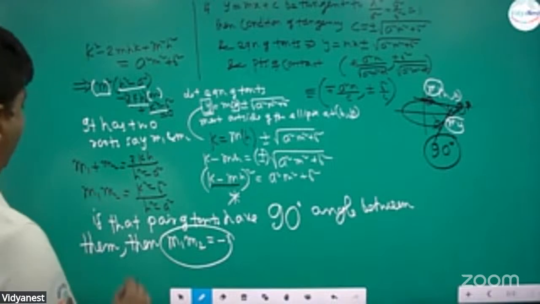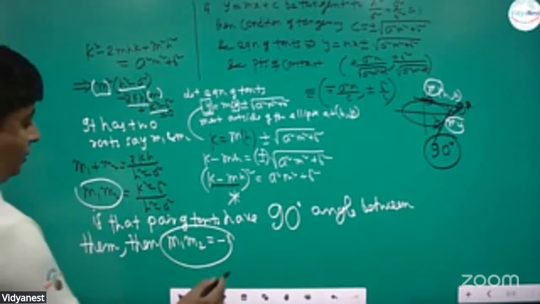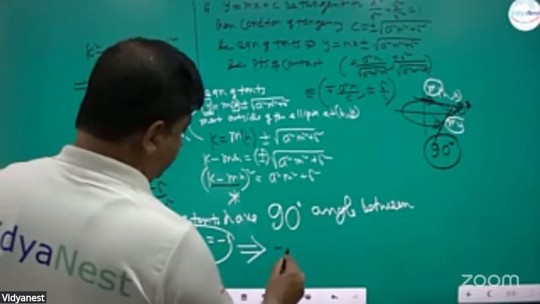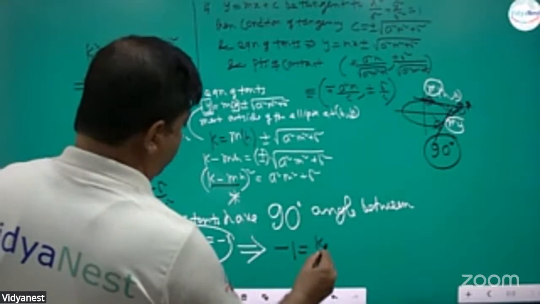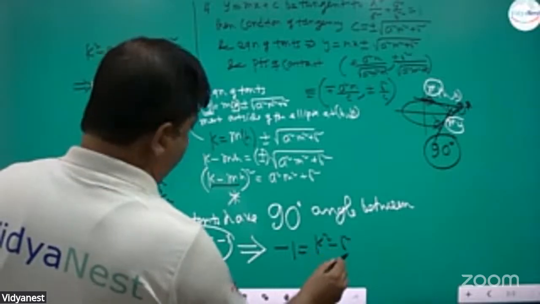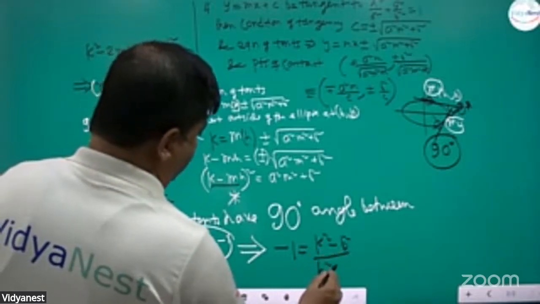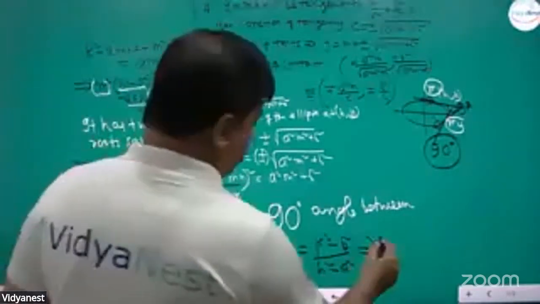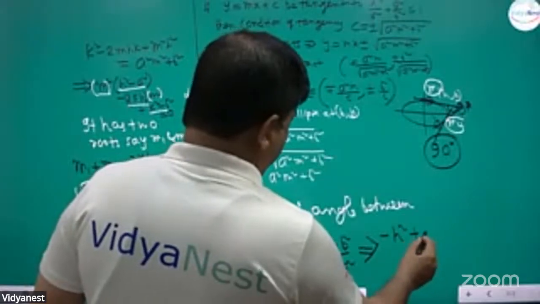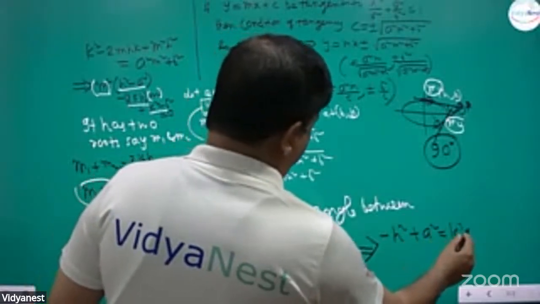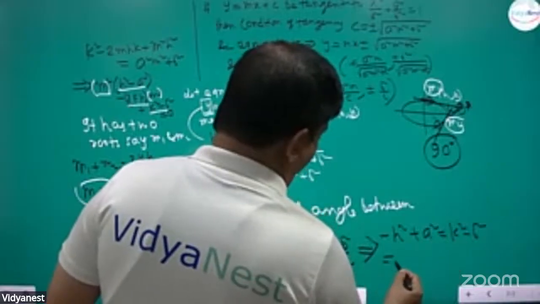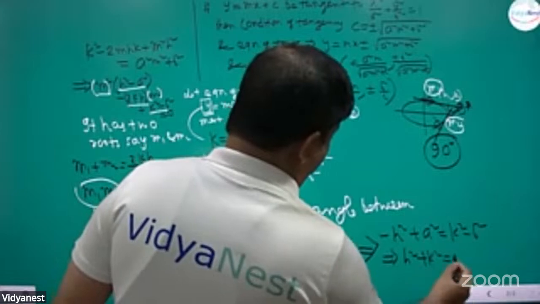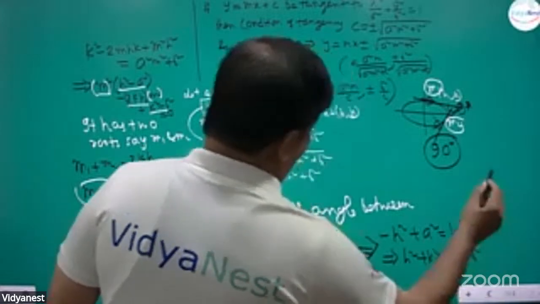So once you get m1 m2 equal to minus 1, put here a square minus b square by h square minus a square. It gives you what? So h square plus k square is equal to a square plus b square.